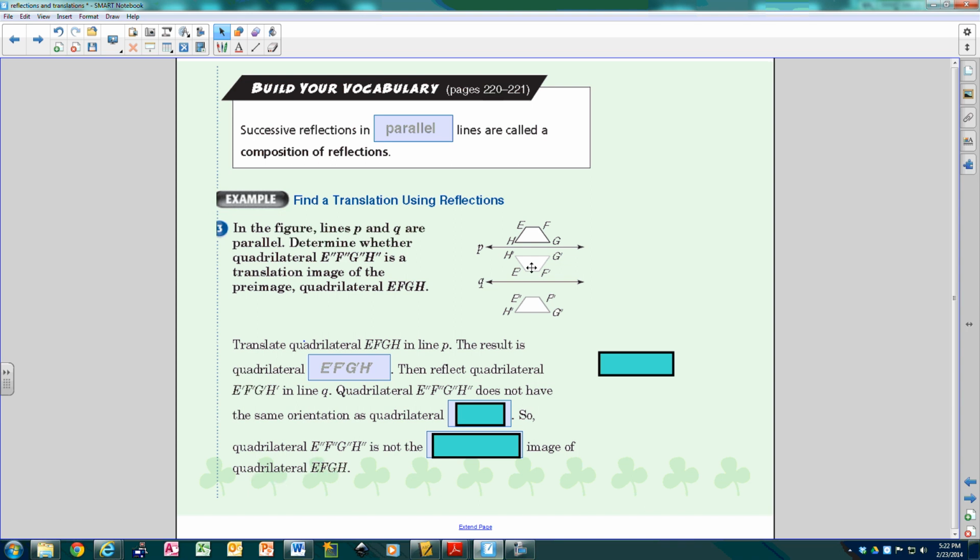Then reflect the second one over line Q, and you get quadrilateral E double prime, F double prime, G double prime, H double prime. It does not have the same orientation as this one up here, so it is not a translation image of the quadrilateral. Okay, and we're going to talk about what that means. So just get the terminology, and we're going to go over it in class.